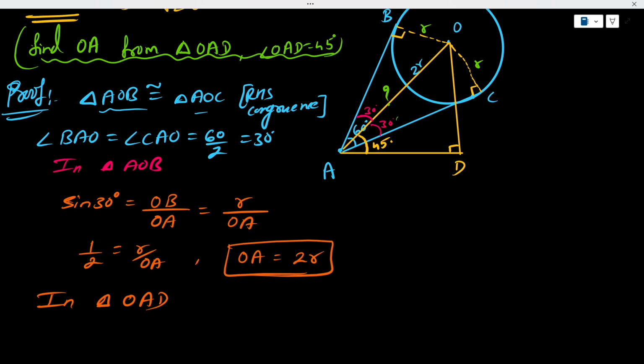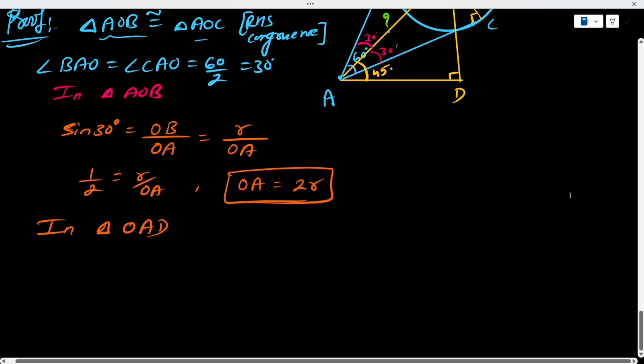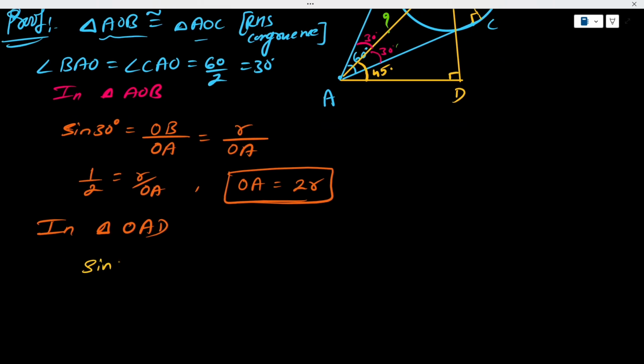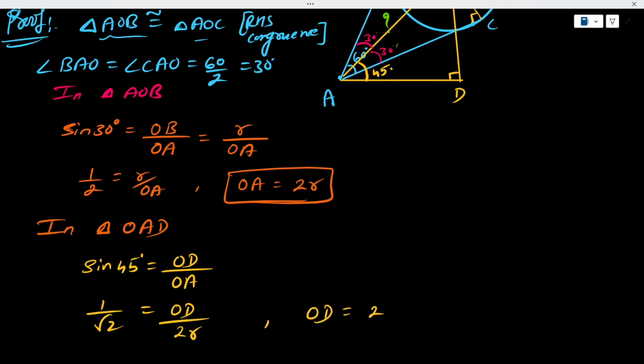So here what can I take? Opposite by hypotenuse, again sine. So it can be written here sine 45 degrees is equal to OD by OA. Sine 45 is 1 by root 2. OD length we need to prove, and OA is 2r. So what can we write down here? OD is 2r by root 2, which is root 2 times root 2 r by root 2.